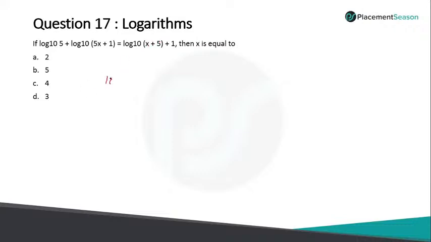So log 5 to the base 10 plus log (5x plus 1) to the base 10 is equal to log (x plus 5) to the base 10, plus the 1, which I can write as log 10 to the base 10. So I can rewrite in this way. When bases are the same, we can equate the values.